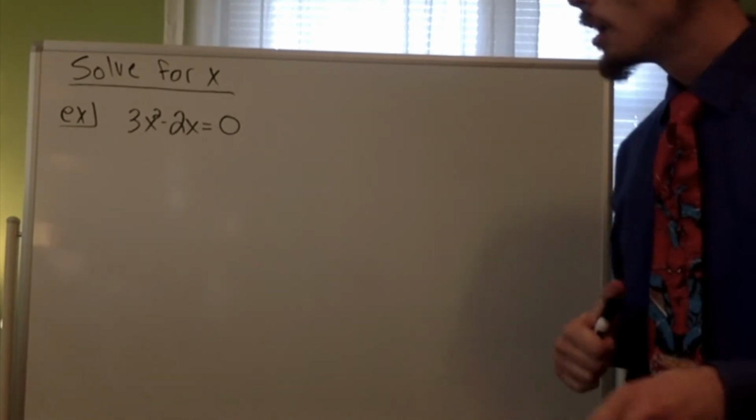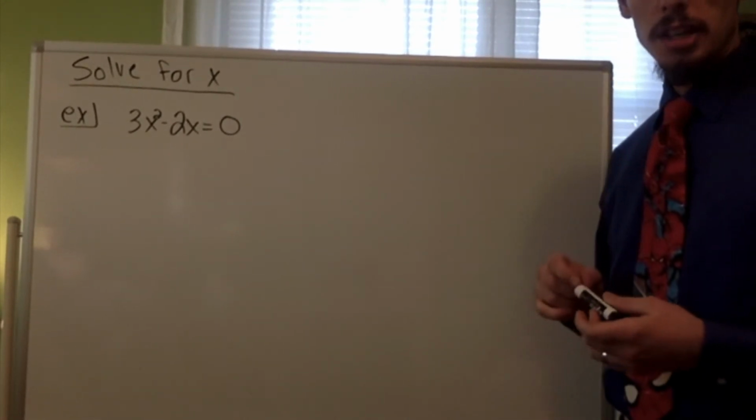Sorry, not 4. 3x squared minus 2x equals 0.